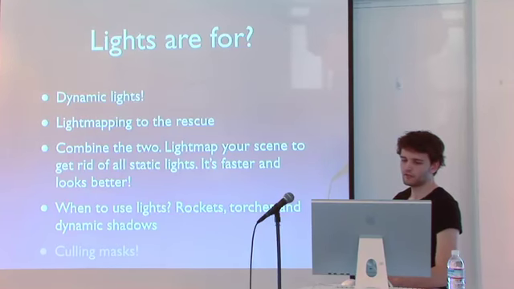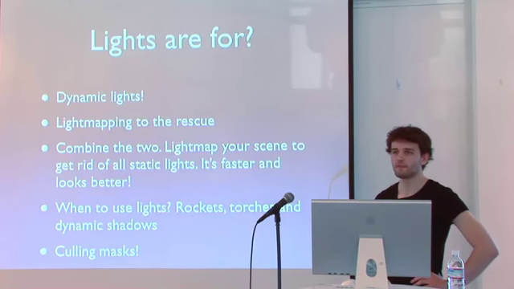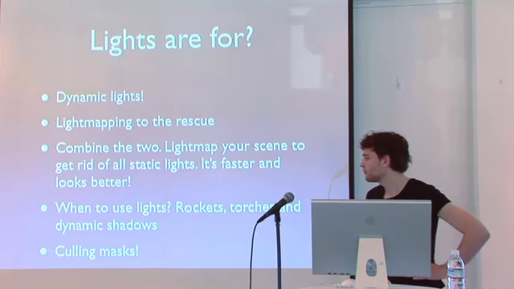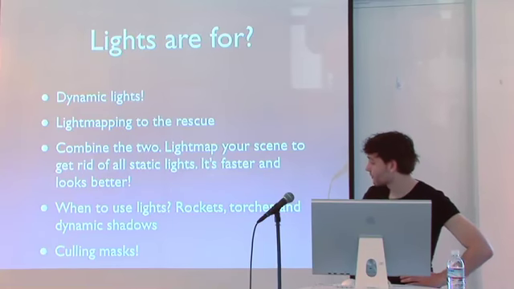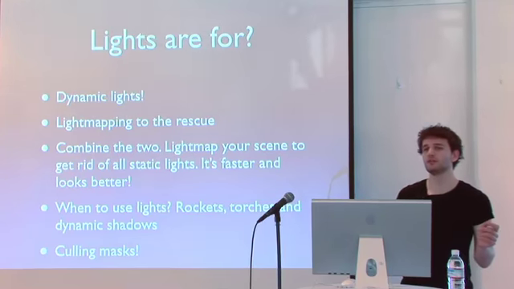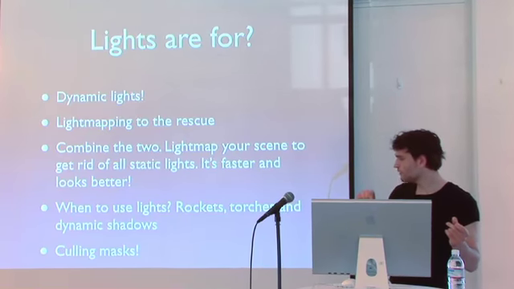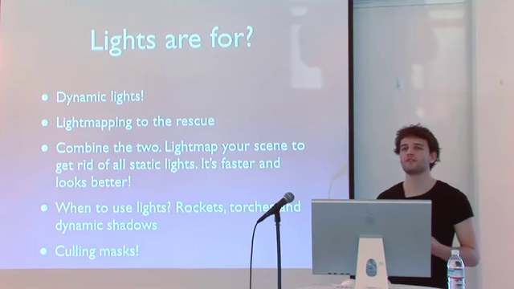So there's of course one problem. You actually have objects which are moving in your scene, and of course they can't be light mapped. So what to do? You use culling masks for that. Basically, you make a rig with your lights in Unity as well, where you set up the culling masks to not affect static objects.